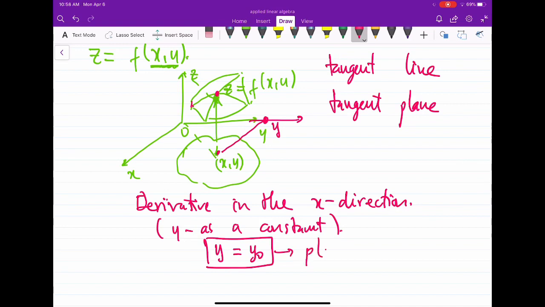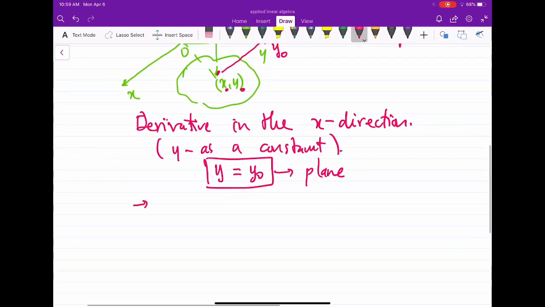That is a plane, right? And this plane is perpendicular to the axis OY, make sense? And it intersects the axis OY at y equal to y0. So we have some plane like this, make sense? And this plane will intersect the surface z equal to f of x, y by some curve, right?